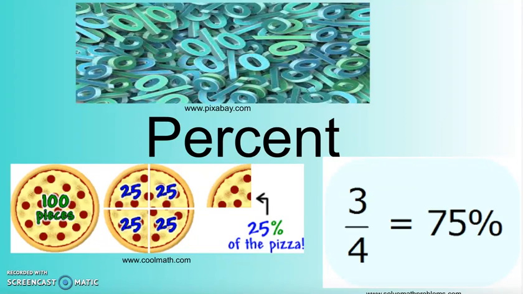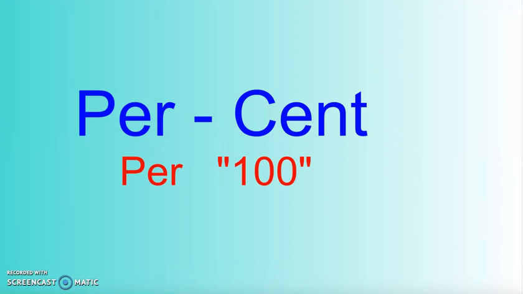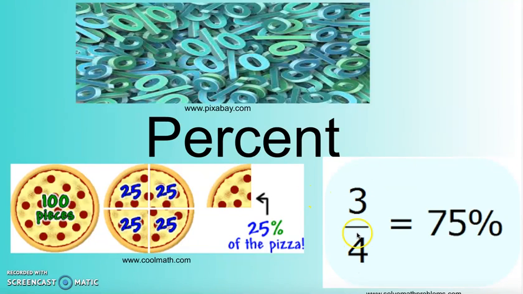Can you think back to our lesson on percents, and what does the word percent mean? Exactly, it means per 100, and that's what a percent is. You're trying to determine how much value is it per 100, and so like 3/4, we're trying to figure out how many boxes are we going to shade out of 100 that represents 3/4?